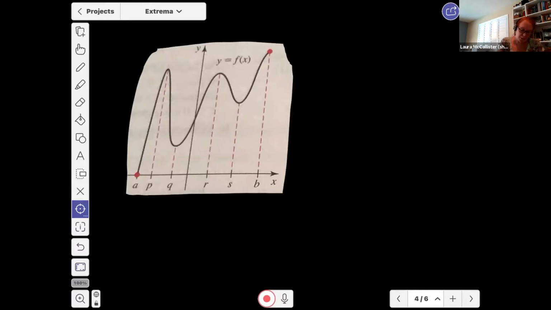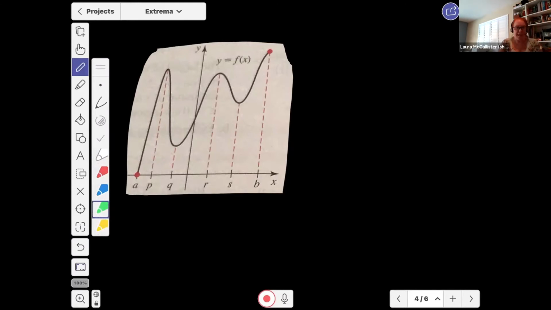All right, so way back when you were probably in your college algebra class, you were probably told that finding those max and mins, you had to do a lot of test points, correct? But I want to show you, if I draw the tangent line in, using a different color, this is the tangent line at P, right?